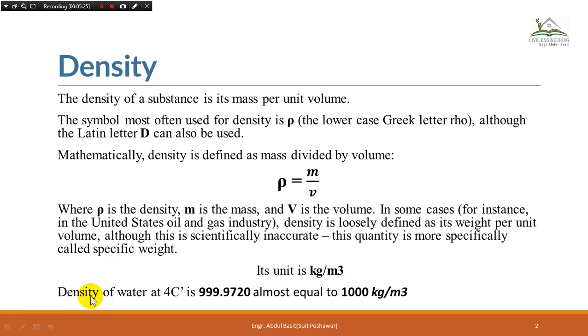The density of water at 4 degrees centigrade is 999.9720 kg per meter cube, which can be taken as 1000 kg per meter cube in common use, because there is not much difference between 1000 and 999.97. You can use either of these values. 1000 is easy to use and easy to remember, so I recommend using that.